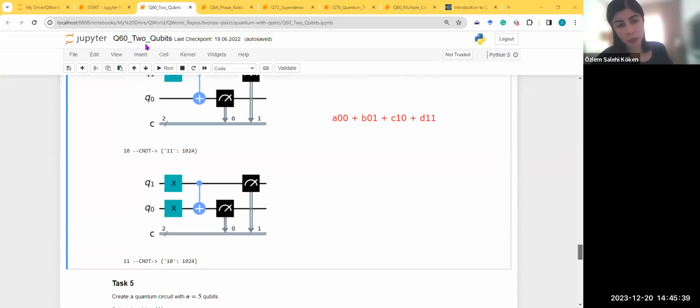One, one, one, zero. Okay, so it will be A|00>, B|01>, C|11>, D|10>. I think Betül's answer is also saying the same thing.